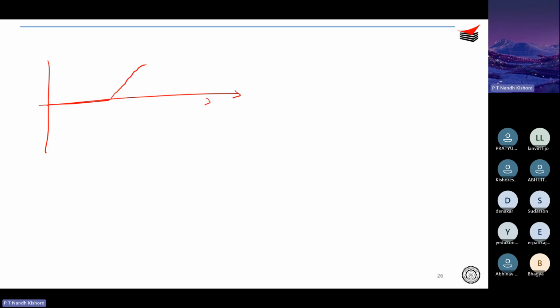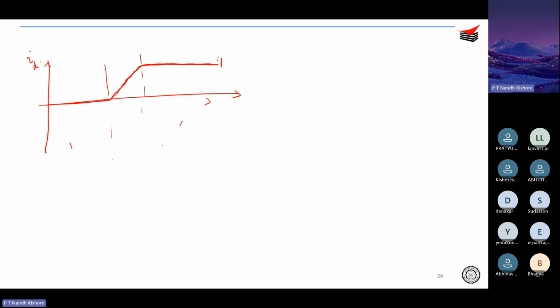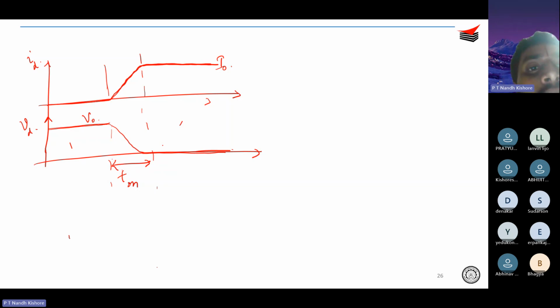It will increase slowly, with a specific rise time. This is your ID. Similarly, your device voltage will not fall instantaneously from V naught to 0. It will fall very slowly from V naught to 0. This is your V naught. This time interval is called your turn on time.